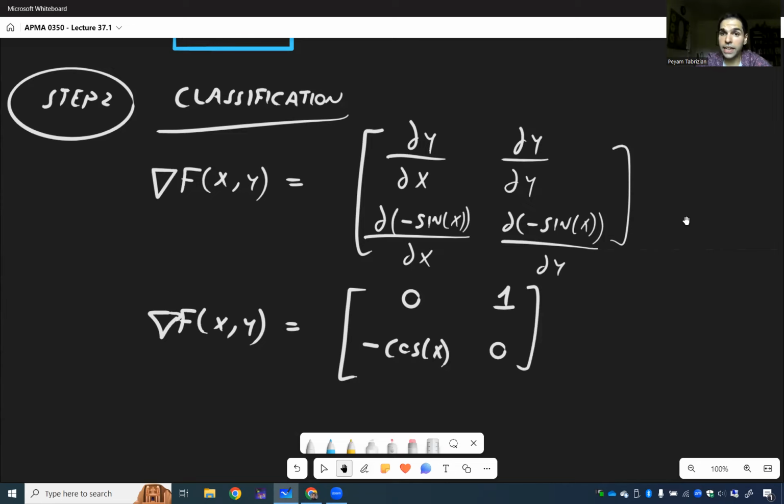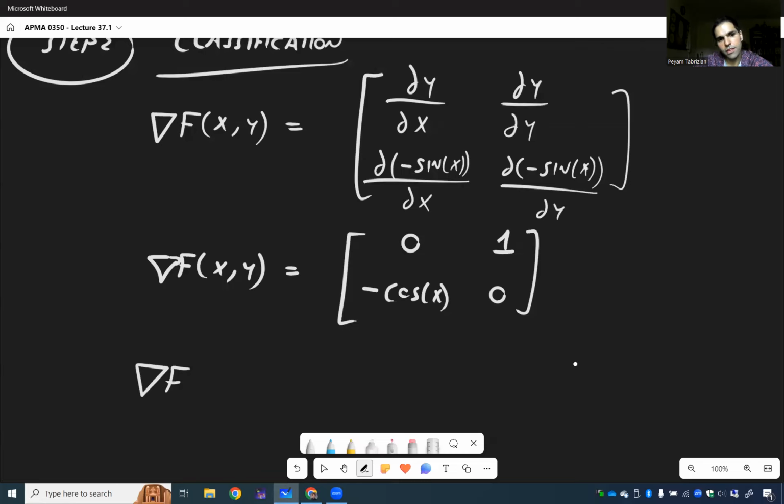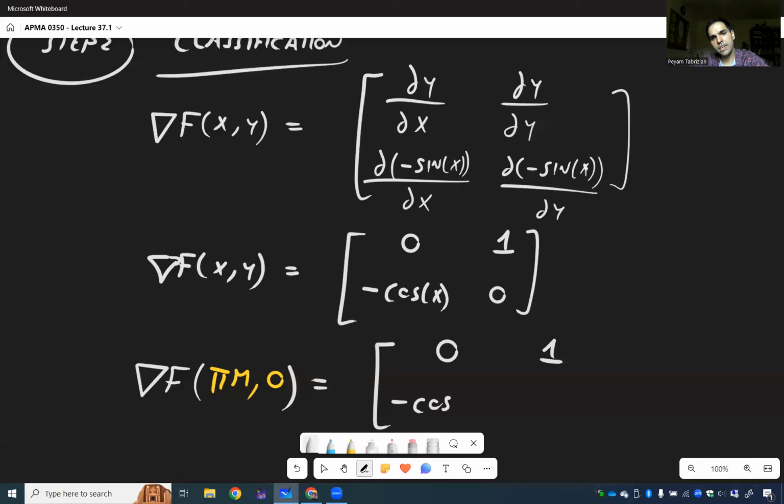And now we need to plug in x equals mπ and y equals 0. So now the gradient of f at (mπ, 0) becomes 0, 1, minus cosine of mπ, and 0. Now we can simplify this.